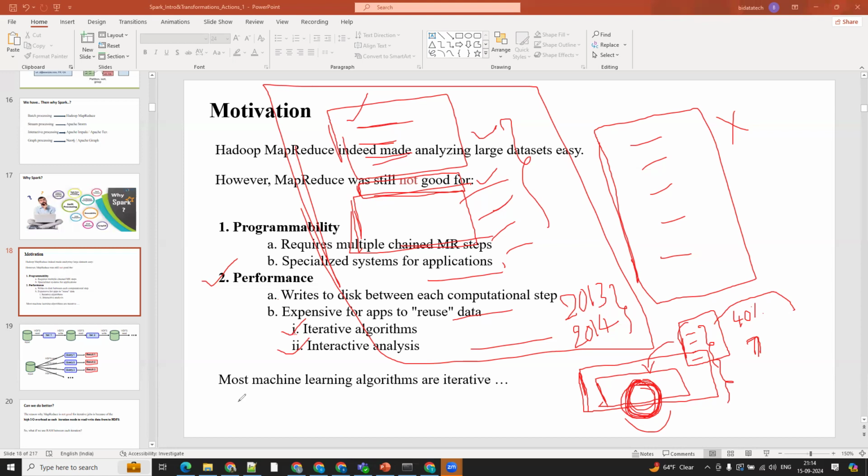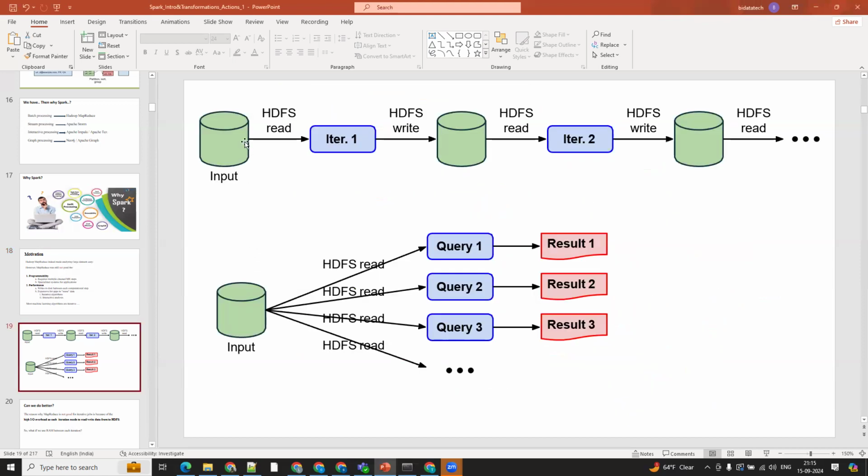Most of the machine learning algorithms are iterative, so it used to take more time to write these algorithms and get accurate results. What I'm trying to say is, see, this is the HDFS location. For the first iteration, let's say you are applying a machine learning algorithm here.